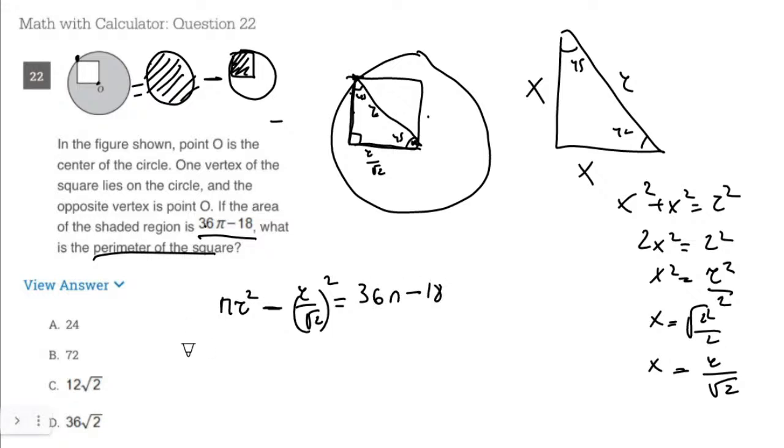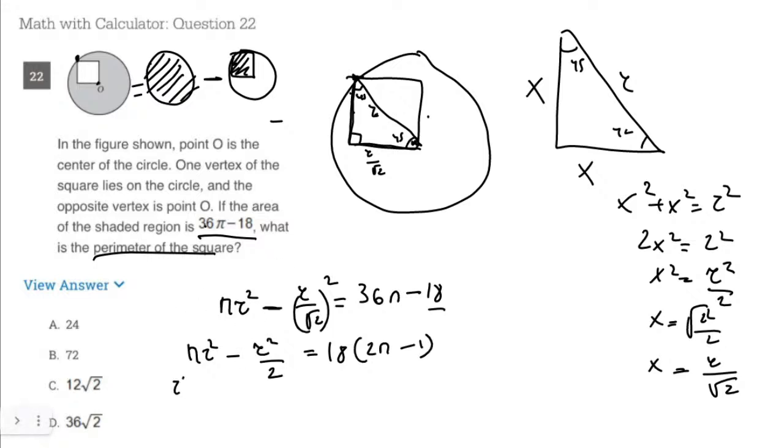What I do here, I do pi r squared minus r squared over 2 equals to, let's factor out 18. I get 18 times 2 pi minus 1. Now I factor out r squared over 2.